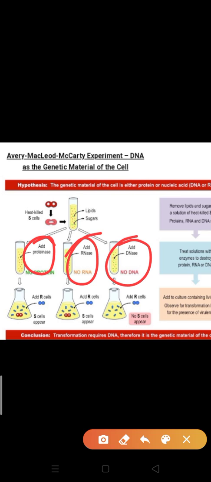Add R cells also, S cells appear. So what does it mean? It means that the protein digesting enzyme is not responsible for transformation, because the same cells are present in this case. In the second case, RNase is also not responsible for any kind of change. But here you can see that S cells are not present.